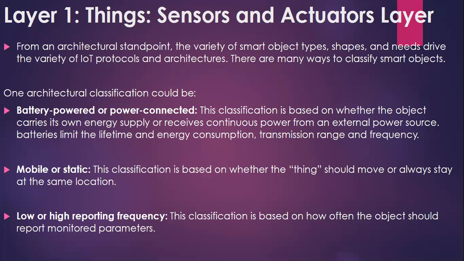From an architectural standpoint, the variety of smart object types, shapes, and needs drives the variety of IoT protocols and architecture. There are many ways to classify smart objects. Here we are trying to say that the network architecture, or IoT architecture, that we are going to use also depends on what kind of sensors or devices we are using.